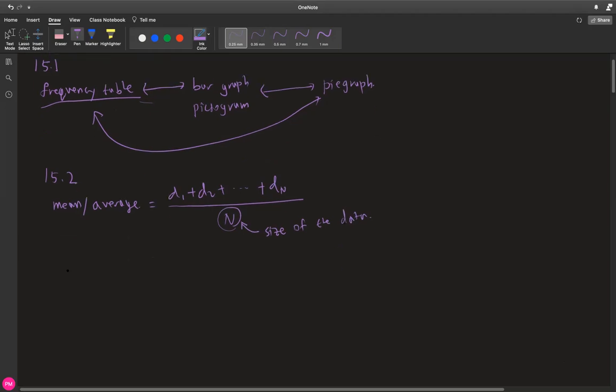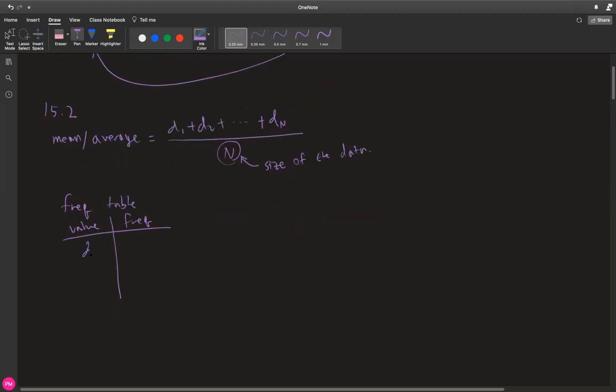But in a frequency table, you're often given things like this: value and frequency. For the first point of the data you have frequency 1, data 2 you have frequency 2, and all the way up to data k with frequency k.